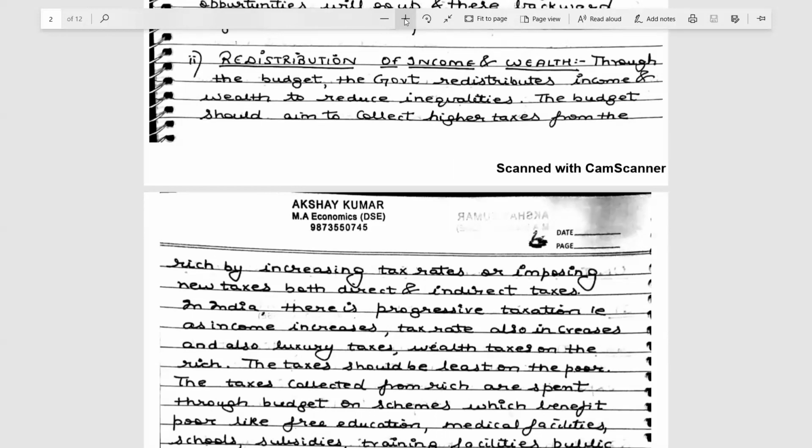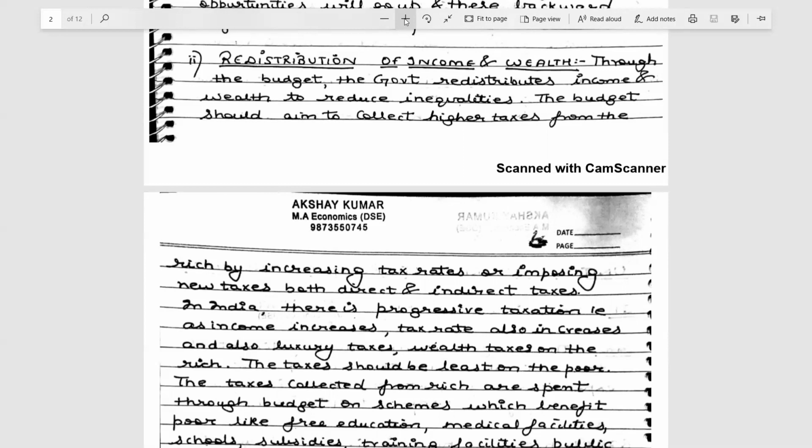The closer you are to that line, lesser is the inequality in distribution of income and wealth. The farther you are from that 45-degree line, that means more is the inequality. So the government prepares a budget in order to redistribute income and wealth to reduce the inequalities.